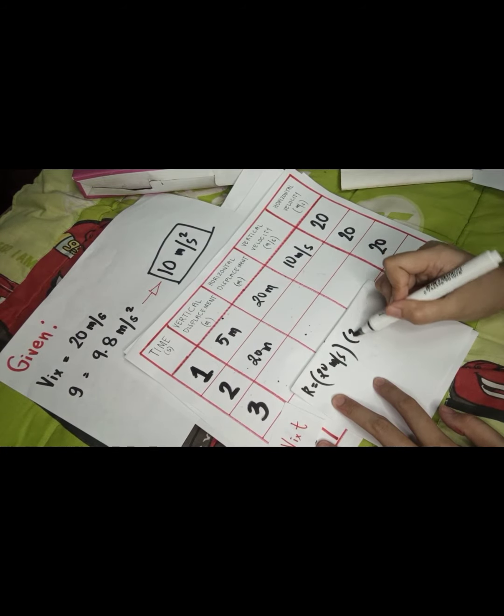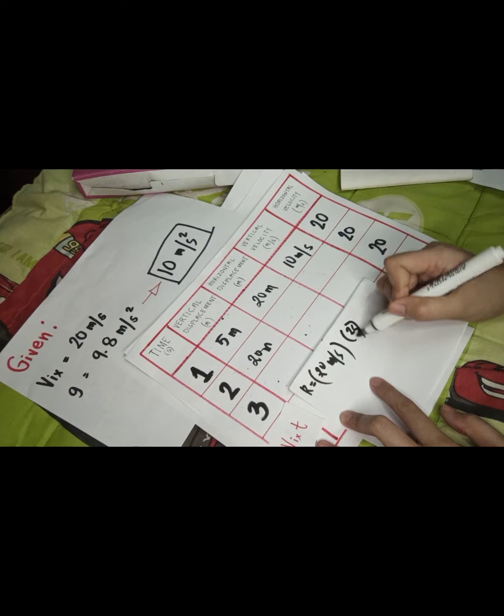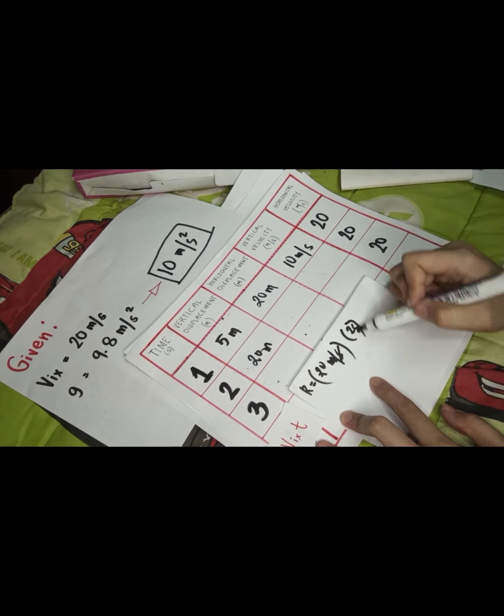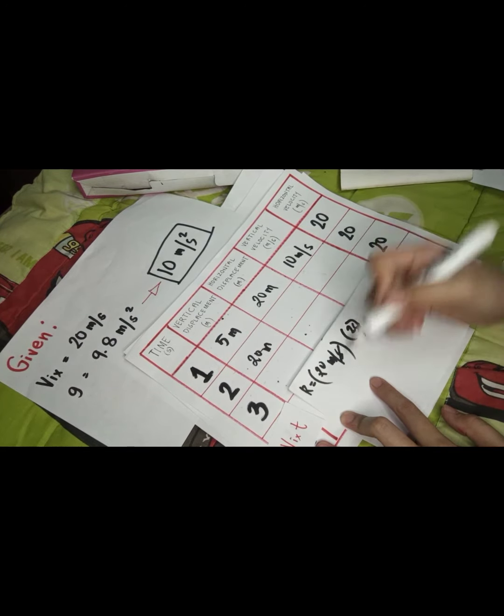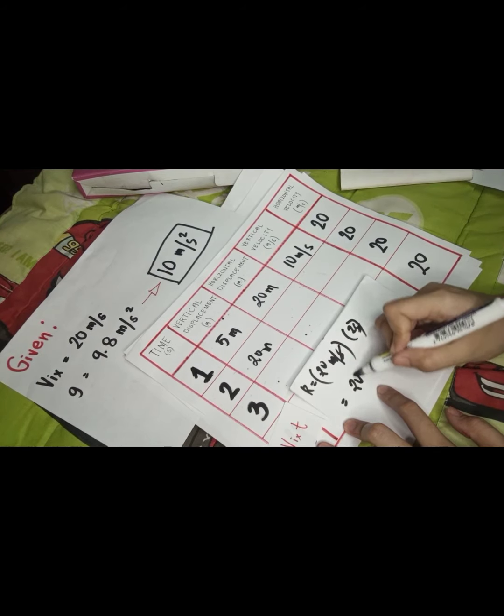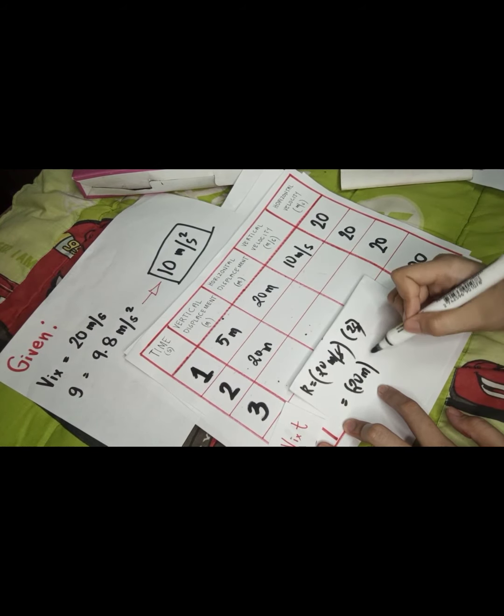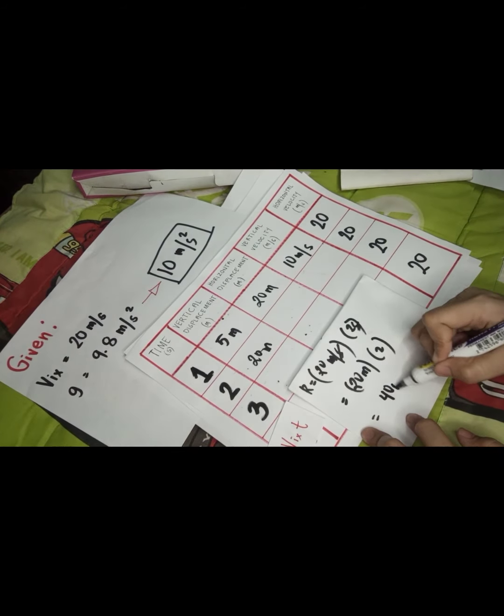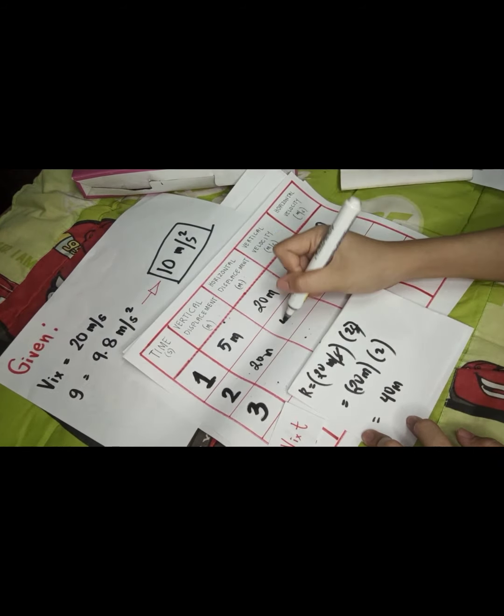So, walang sinabing i-squared, kaya hindi natin siya i-squared. Makakancel out natin yung seconds, and then times lang natin yung 20 meter times 2. Okay, times 2. So, that will be 40 meter. So, this is our horizontal displacement.